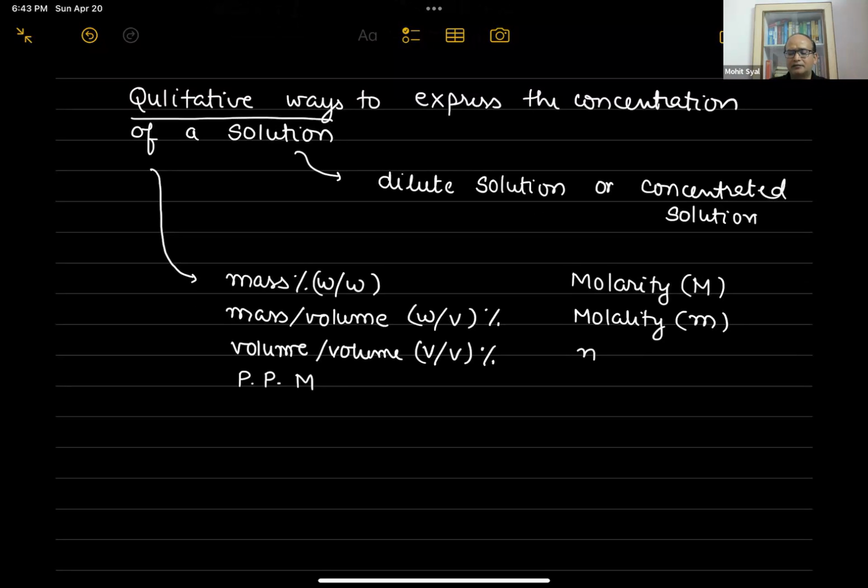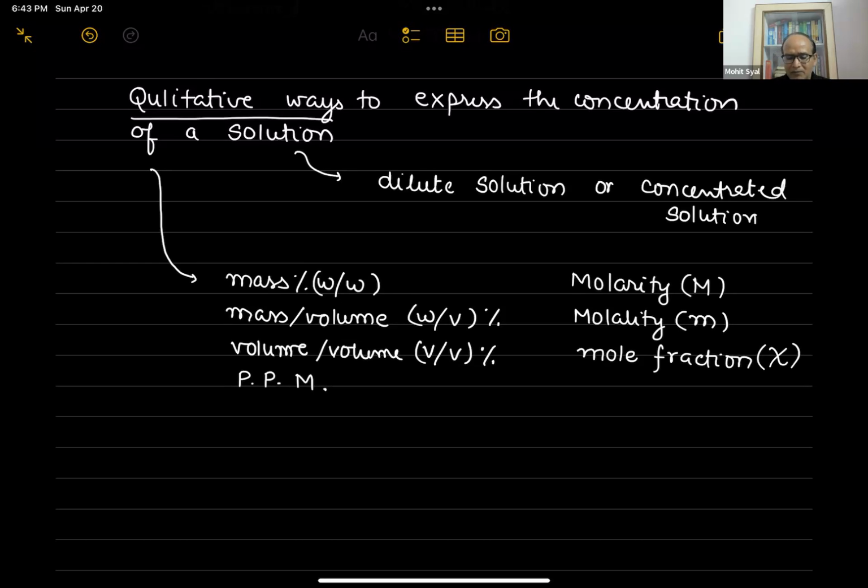That is mole fraction. Okay. Mole fraction is represented by a symbol which looks like X, but it is not X, it is chi. Okay. ppm is parts per million. There is normality also. Normally we don't get into that much detail. It is because you might have used it in redox reactions. Okay.